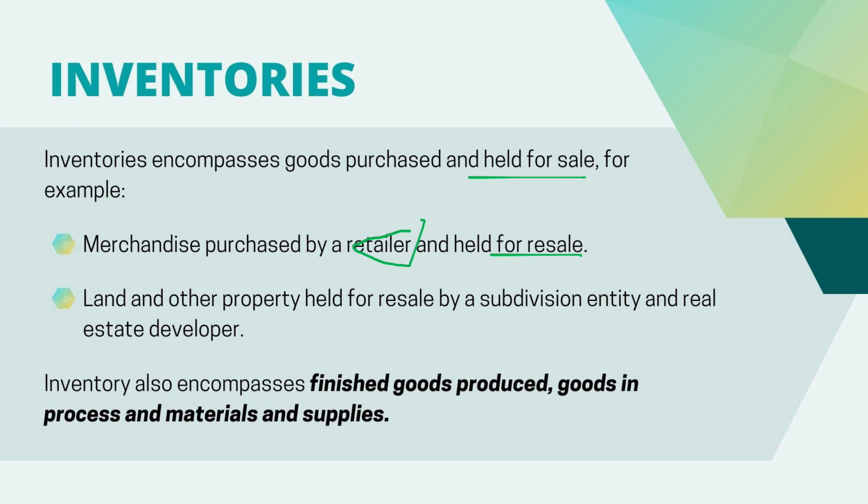Next is land and other property held for resale by a subdivision entity and real estate developer. Inventory also encompasses finished goods produced, goods in process, materials, and supplies. So this is in the manufacturing or in the productions.